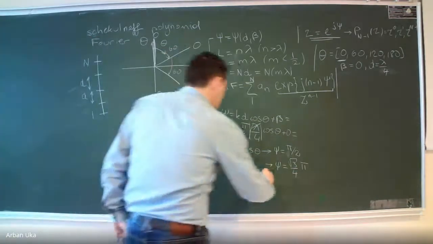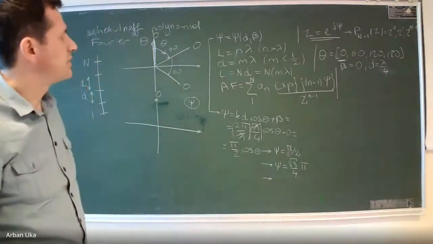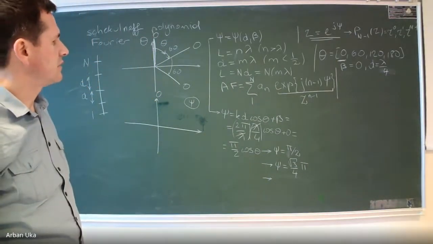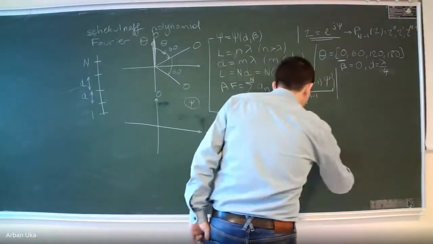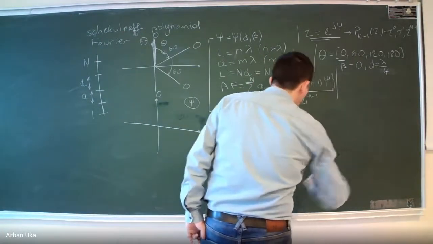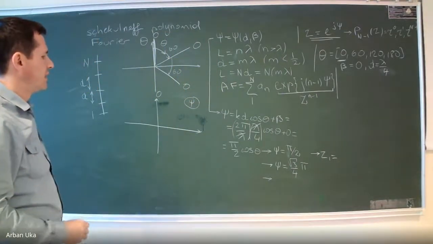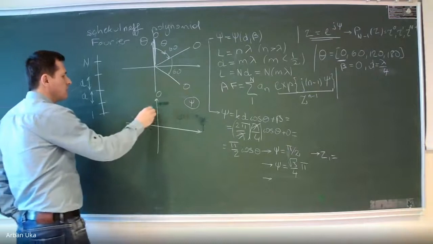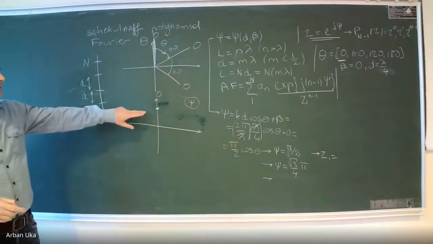So for each theta, we're going to get a different psi. But now, before we do this, and to prepare us for the next value, if psi is equal to pi over 2, we're talking about this angle, okay?